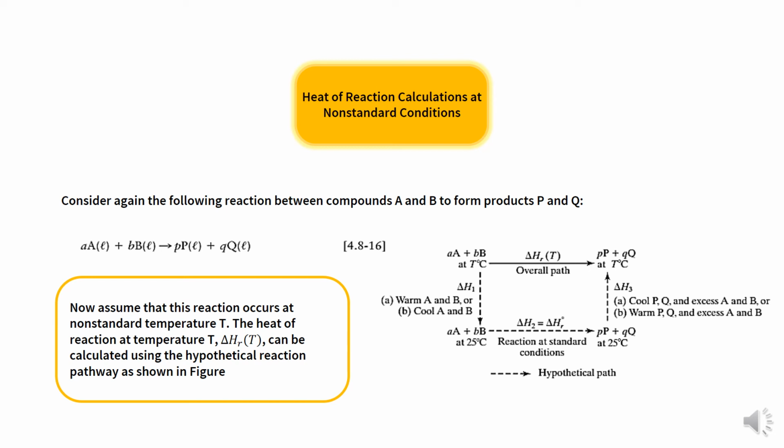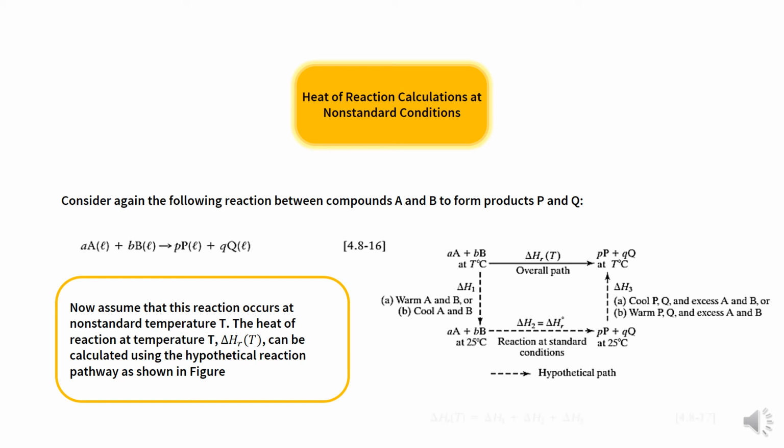The second step is the reaction at 25 degrees Celsius, at which the standard heat of reaction, delta H_R, can be calculated from either heats of formation or heats of combustion data. Finally, the third step is to cool or warm the products and any excess reactants from 25 degrees Celsius back to T degrees Celsius.